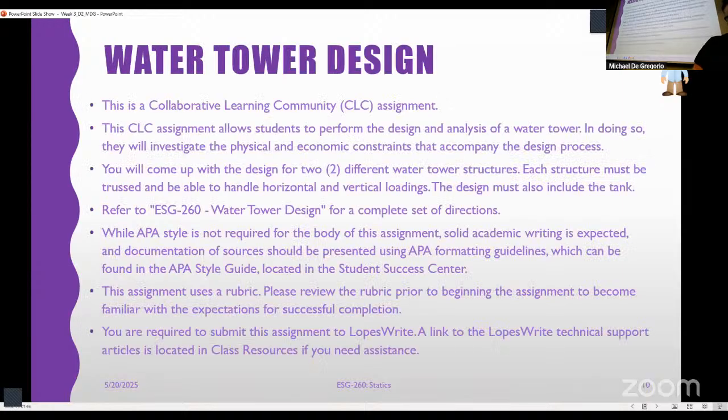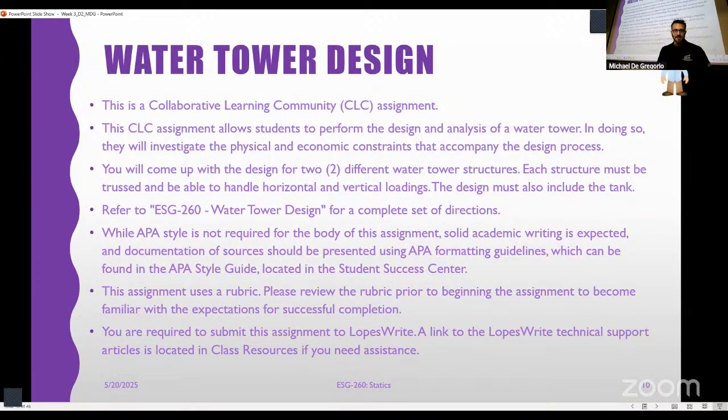All right. So, water tower design. This is a CLC assignment. We'll get to it in a second. It allows students to perform design and analysis of a water tower. In doing so, you will investigate physical and economic constraints that accompany the design process. You'll come up with a design for 2 different water tower structures. So you need to do 2 water towers that are different, not 2 that are the same.